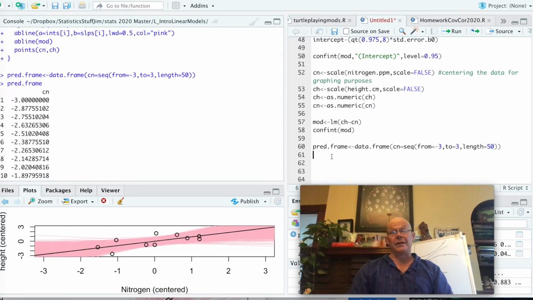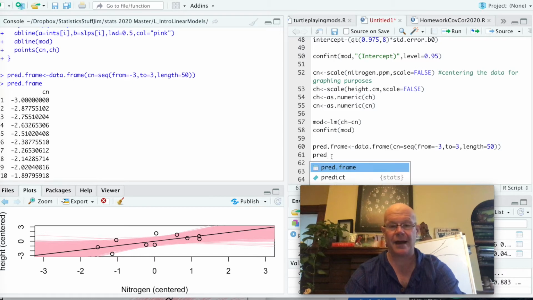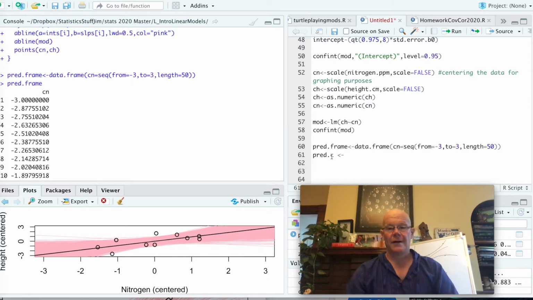So now I can use another function that's built into R called predict. And predict will give me what I want based upon my linear model. So I'm going to say I want to predict.c. And that's just because I should probably have said predict n, but this is really predicting the height.